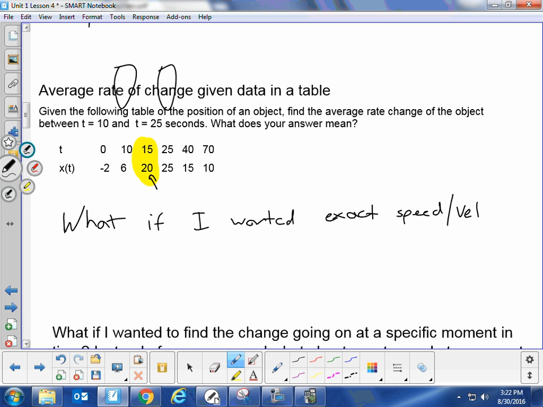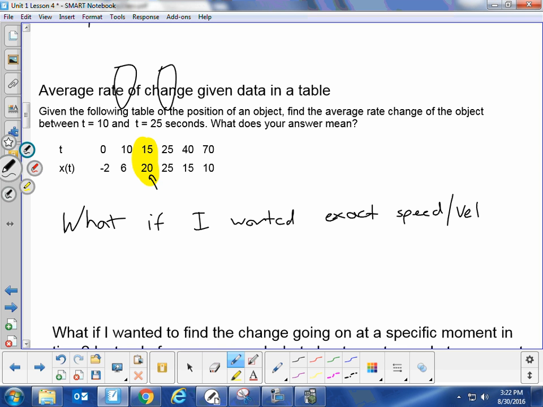What could I do? What do I need? So, you know, we think of velocity being our distance divided by time. Well, we're going to find distance by subtracting our position.